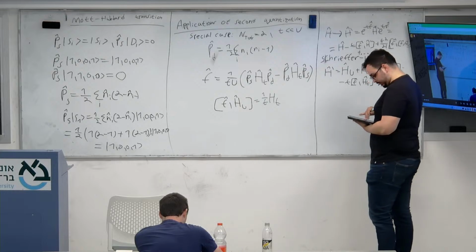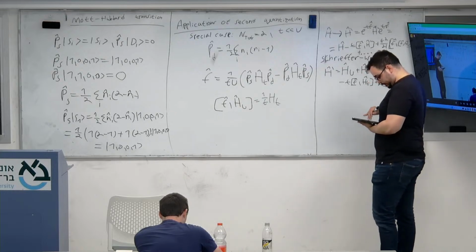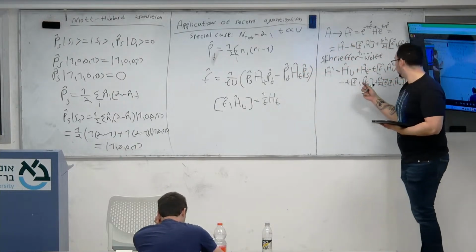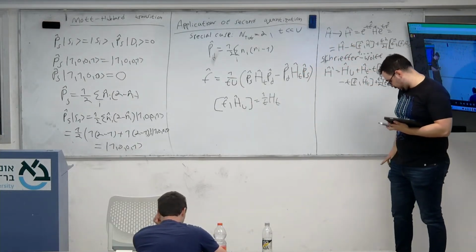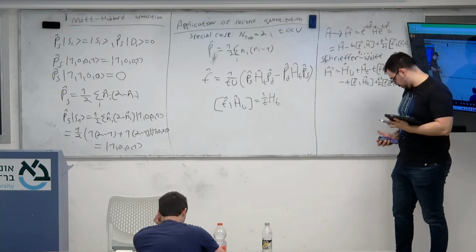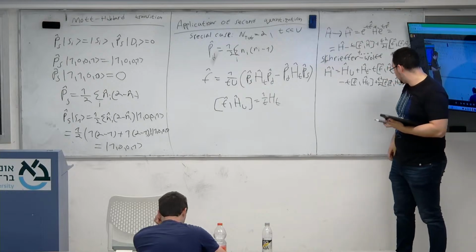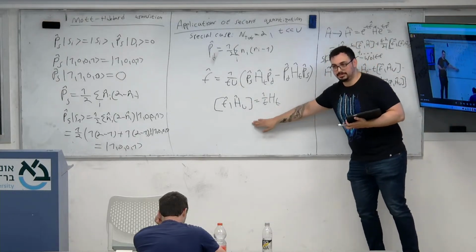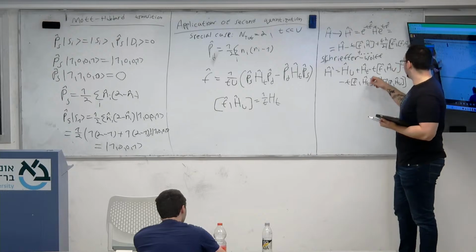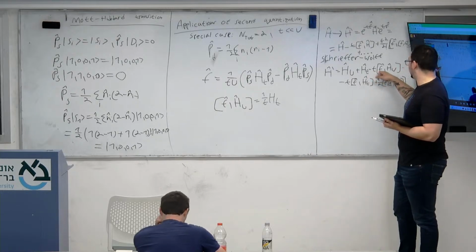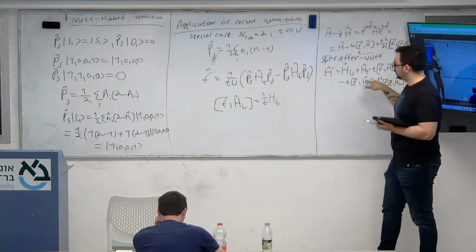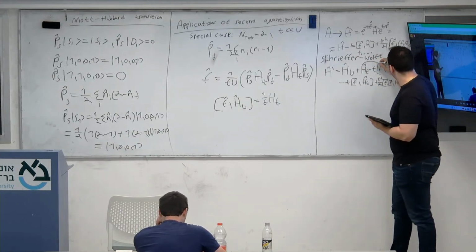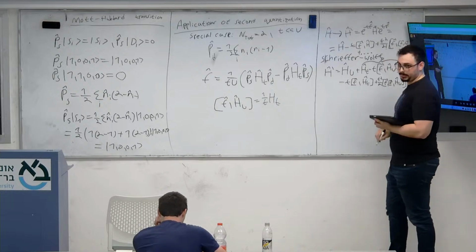Okay. So using the equations that we found here before, T times the commutator of F and H_U will be equal to H_T. So this term right here is 0.